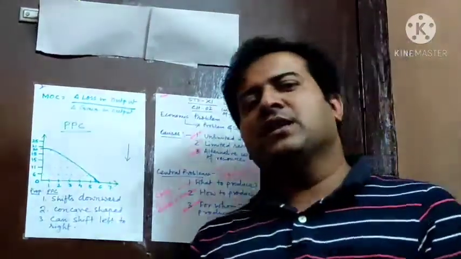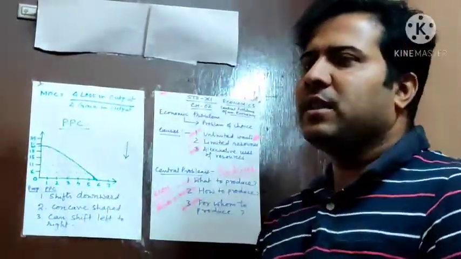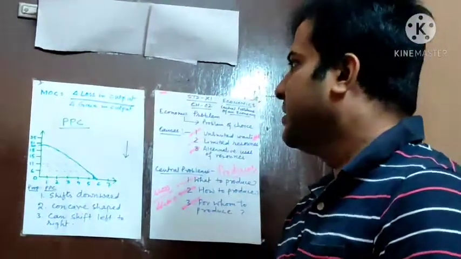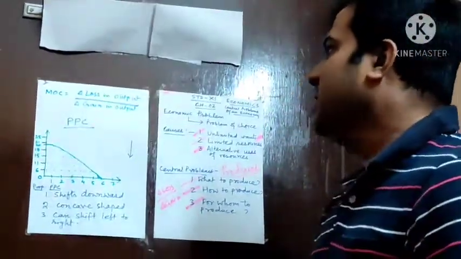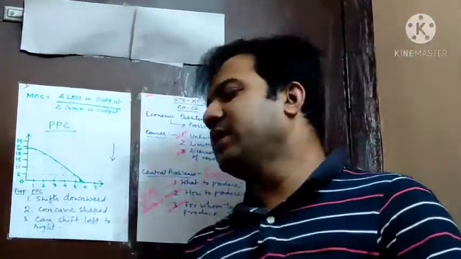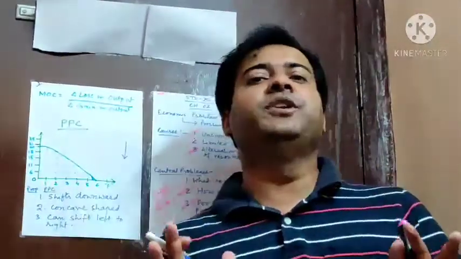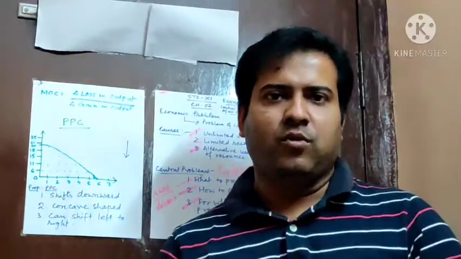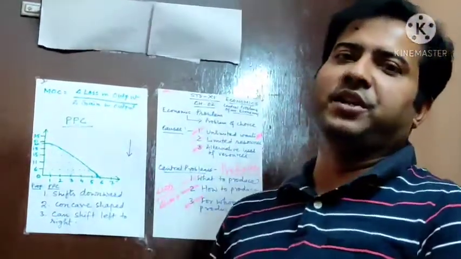Now in the previous class I told you that we will discuss the PPC. Now what is actually the PPC? That is the production possibility curve. What is this production possibility curve?